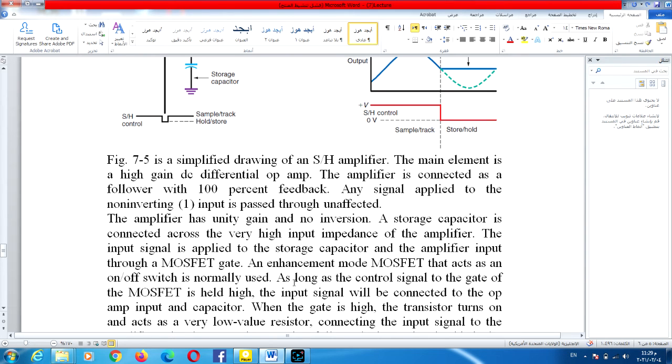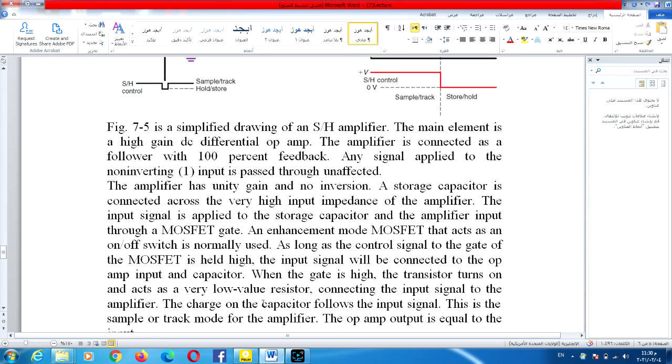As long as the control signal to the gate of the MOSFET is held high, the input signal will be connected to the amplifier input and capacitor. If the gate is high, the transistor turns on and acts as a very low value resistor, and thus connects the input signal to the amplifier.